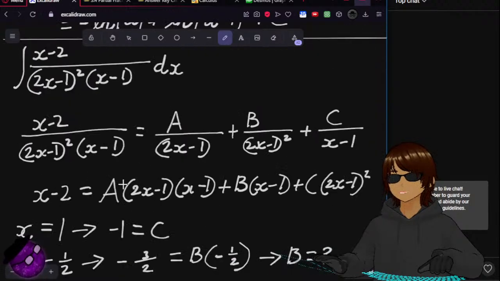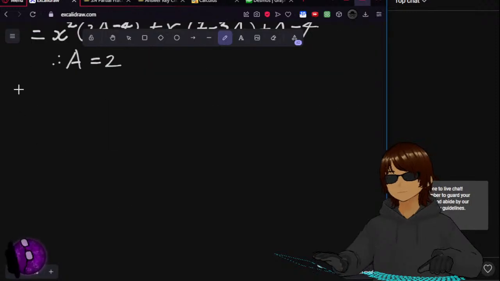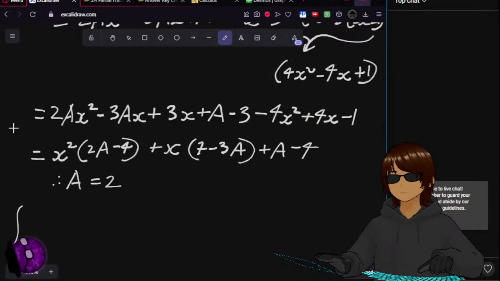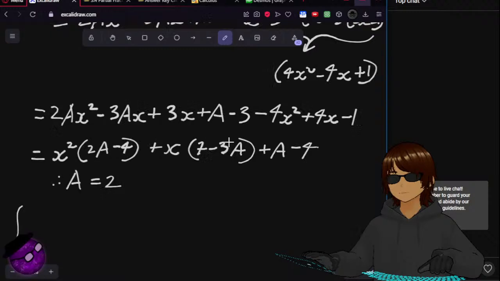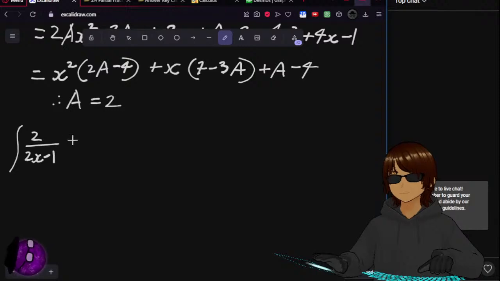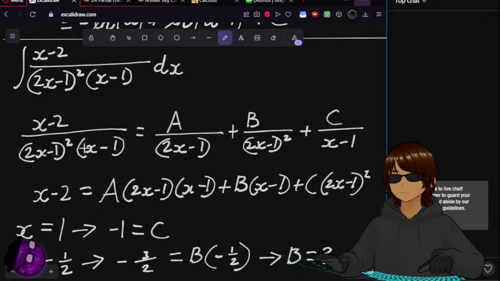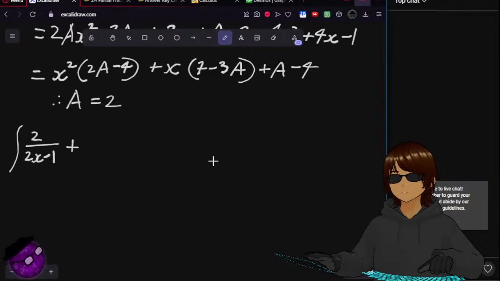Going back to our integral, 2 over 2x minus 1 plus it with b, which is 3 over 2x minus 1 squared.